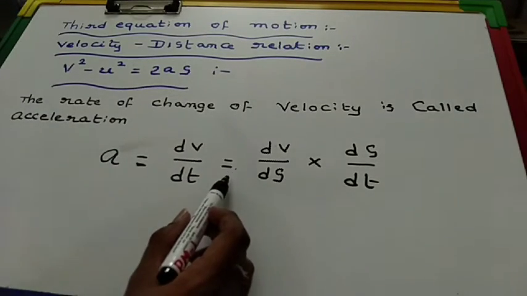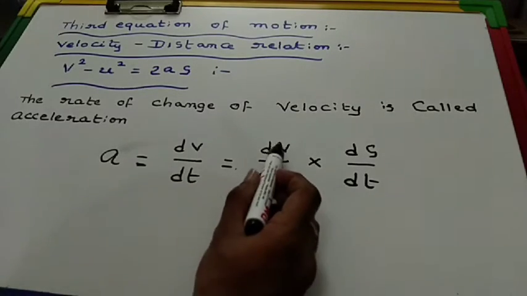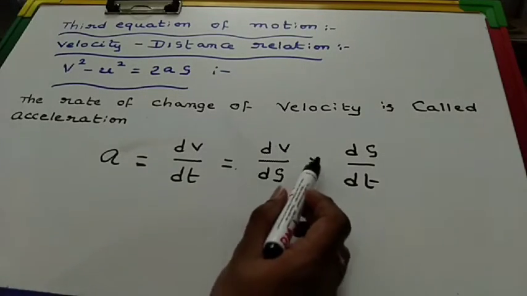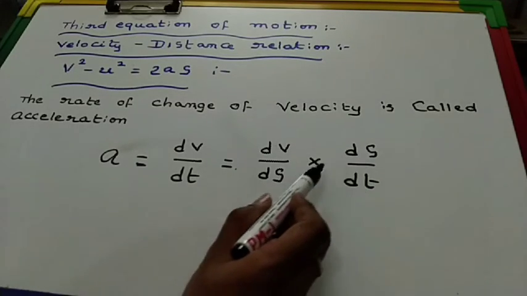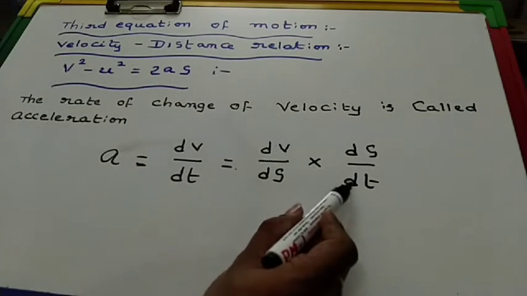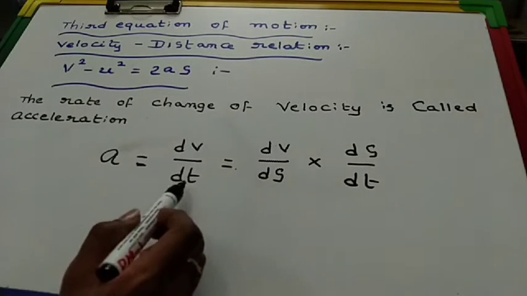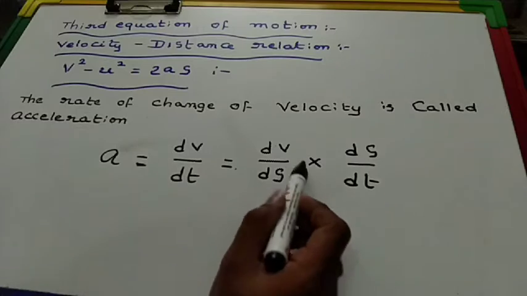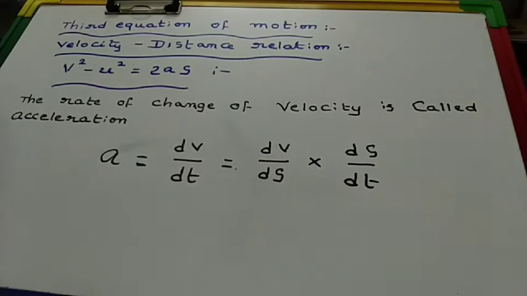That is equal to dv by ds into ds by dt. If ds cancel, we will get dv by dt. That is the previous step, dv by dt.